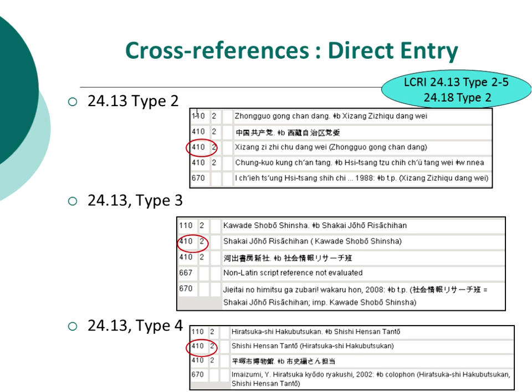Similarly, for type 4, when you look at the 670 field here, if you read the Japanese scripts or romanization forms, you can easily tell that a comma is separating the names. That shows that this subordinate body did not come together in its running form with the parent body name.